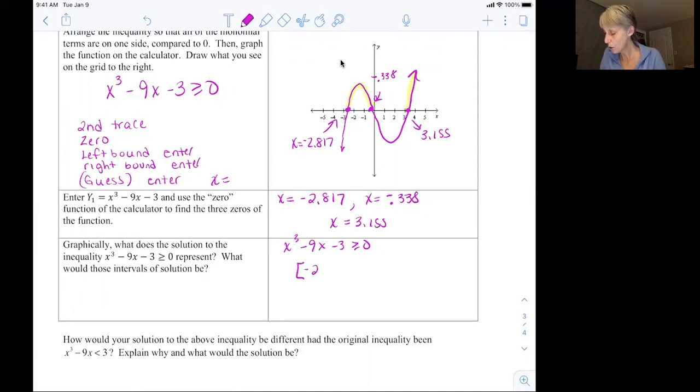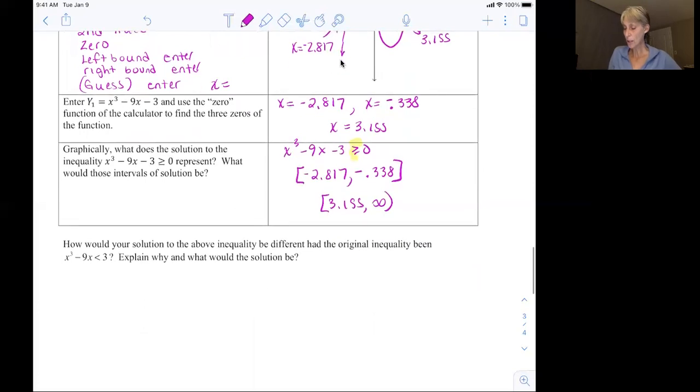So I have negative 2.817 to negative 0.338. My endpoints are included because of my inequality sign. And then I'm going to start at 3.155 and go to infinity. So we're identifying the part above the x-axis.